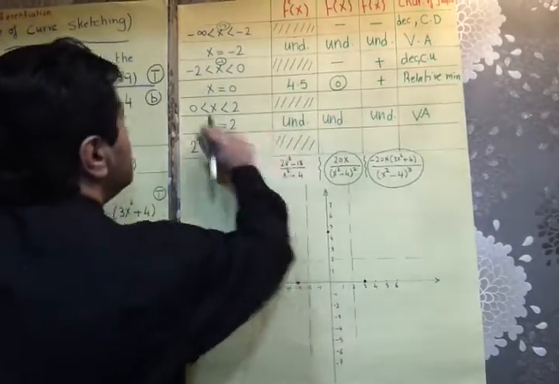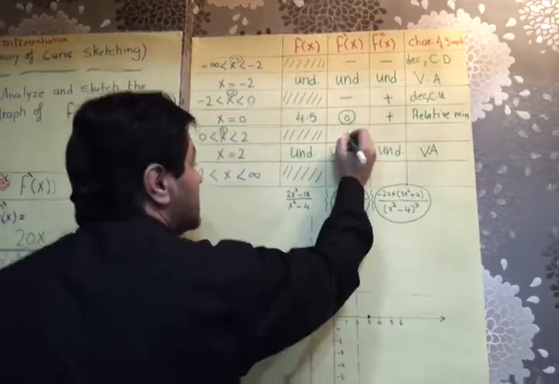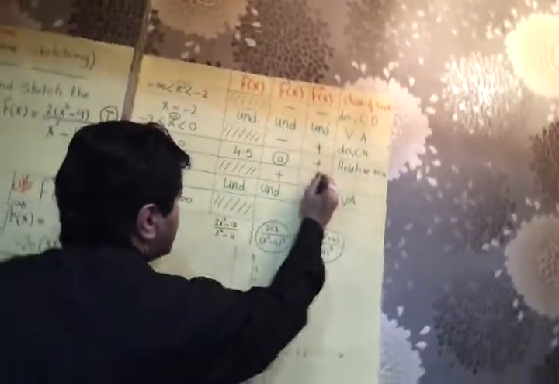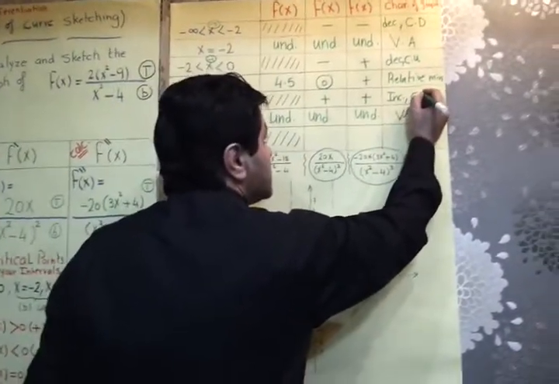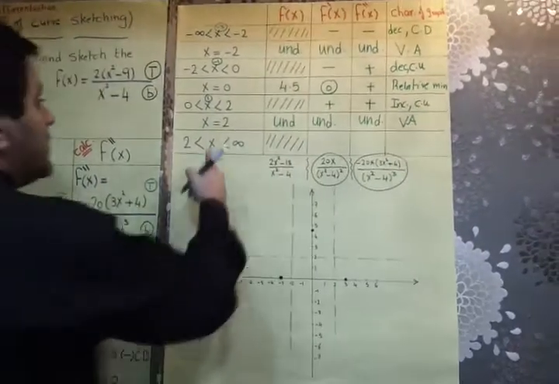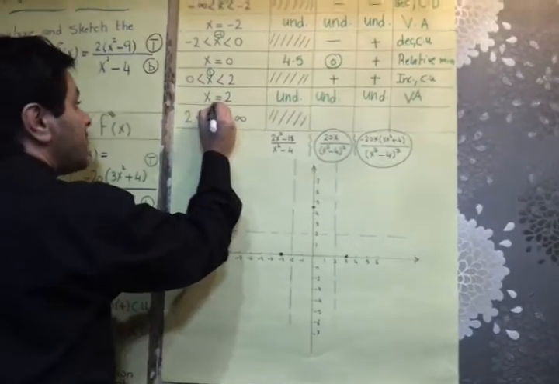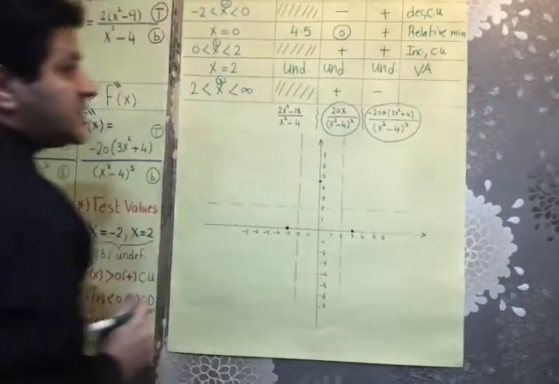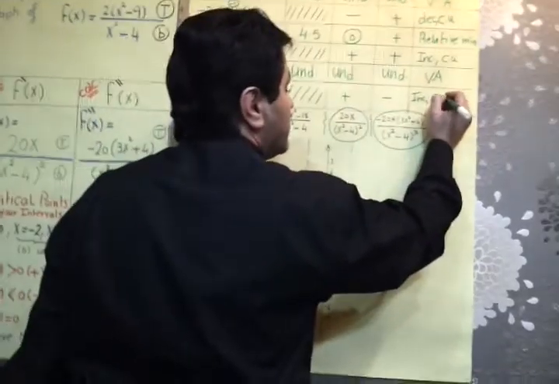For this row, if you plug in the value of 1, in the second differentiation you get plus, which means increasing for the first plus, and concave up because it's plus. The last one, if you plug in, for example, positive 3, you get plus, and here you get minus, which means increasing, concave down.